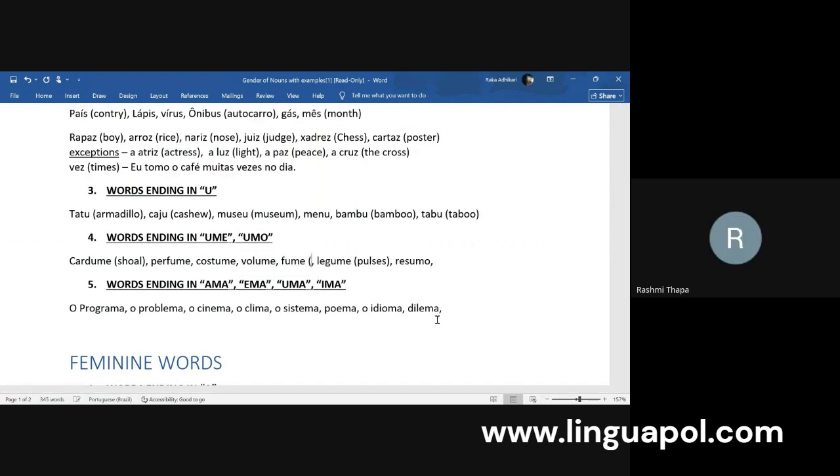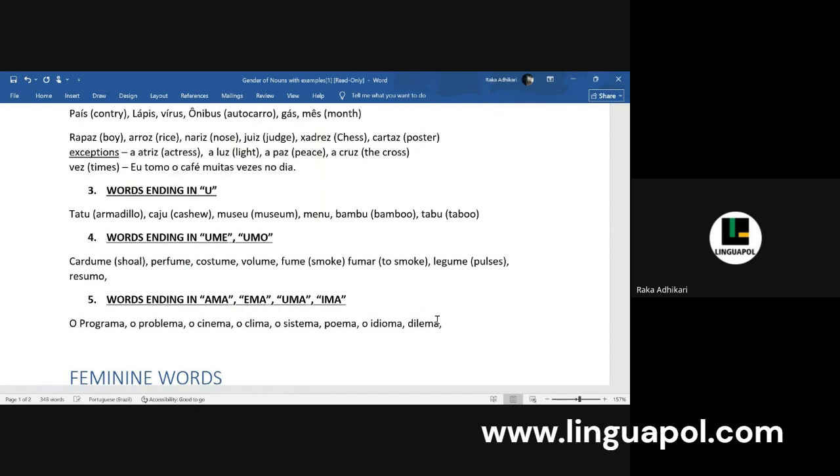It is the smoke itself, okay, not the verb. There is a verb also, fumar. Fumar is to smoke. But fume means the smoke itself. Fume. The verb is fumar. Then legume, pulses. And we have one example of umo as well, resumo. Resumo is your resume.